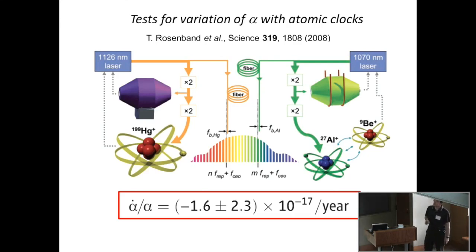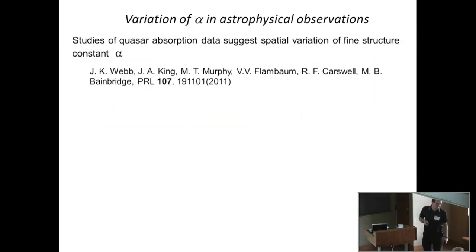But another way to look for the same variation would be using an astrophysical setting, by comparing the ratio of two frequencies of atomic transitions emitted in the lab with the same ratio for light that was emitted in an astrophysical setting, that is, at some point in the distant past, in a different galaxy.